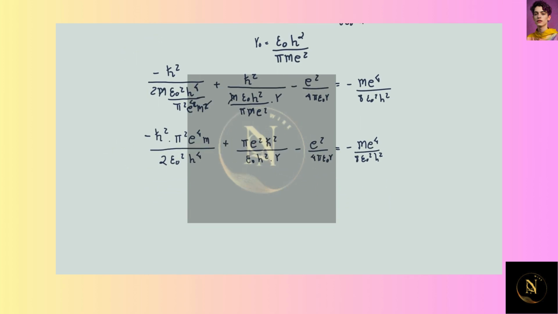Now remember that h bar is equal to h divided by 2 pi.